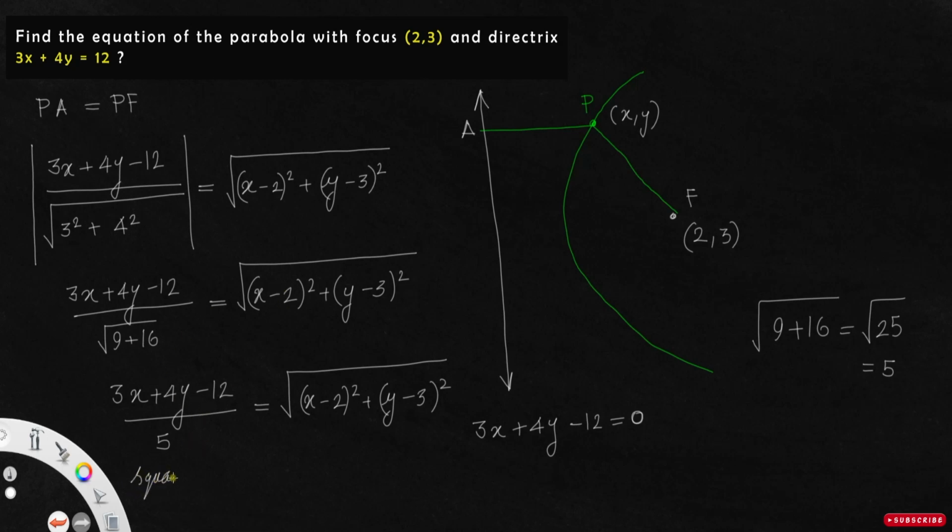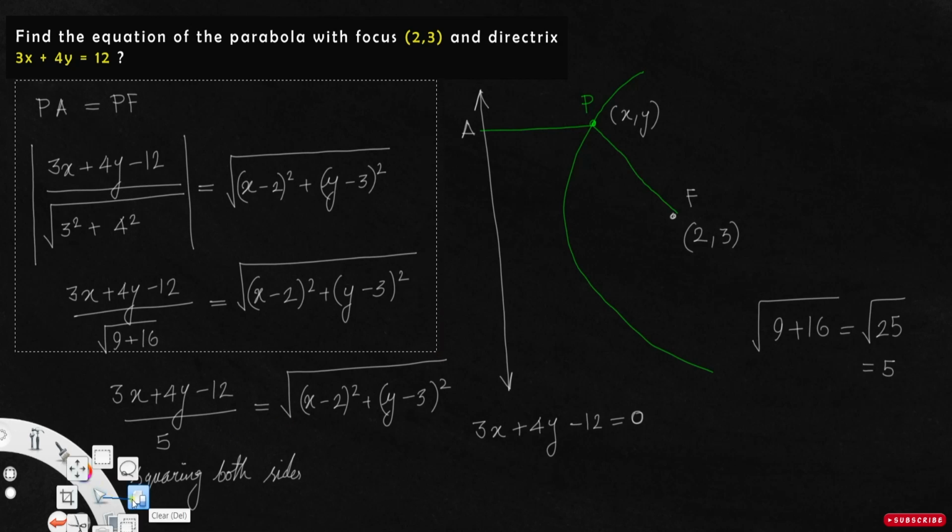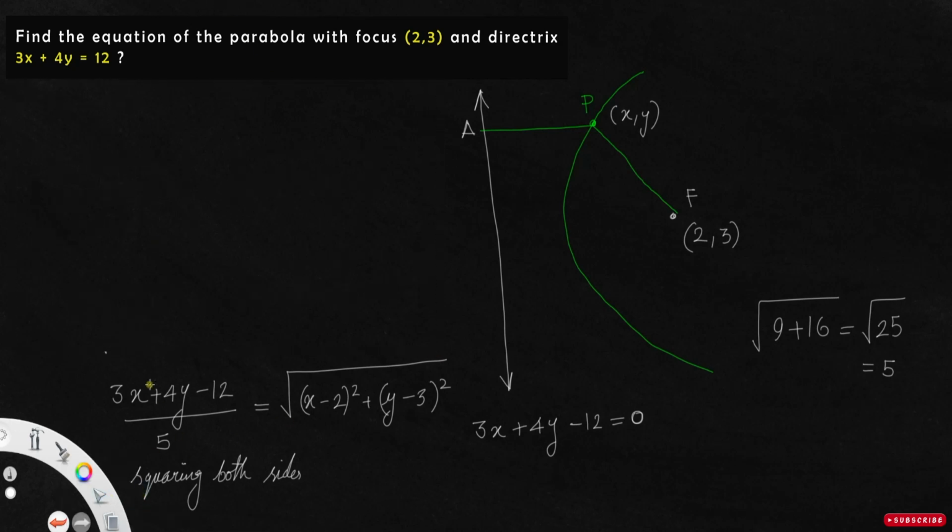So squaring both sides, the equation will become 3x plus 4y minus 12 whole square by 5 square is 25, equal to, this square root will get removed. So x minus 2 whole square plus y minus 3 whole square.